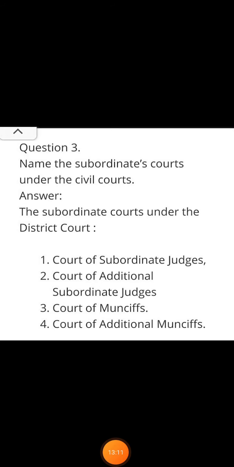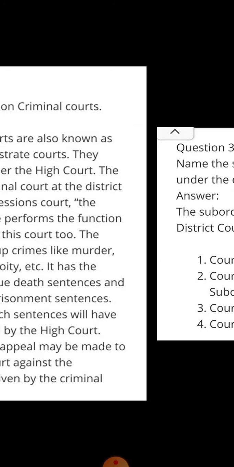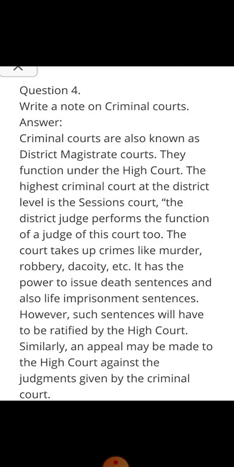Next we also studied the criminal courts. Another name for the criminal court is district magistrate court. This court works under the High Court.